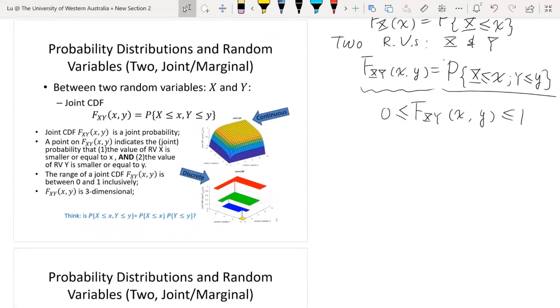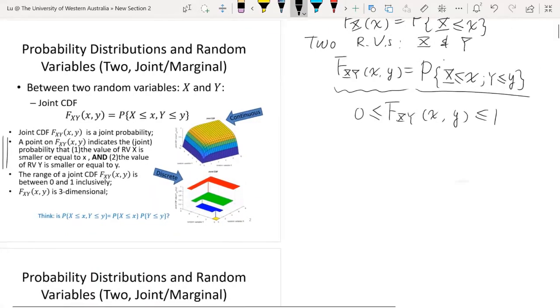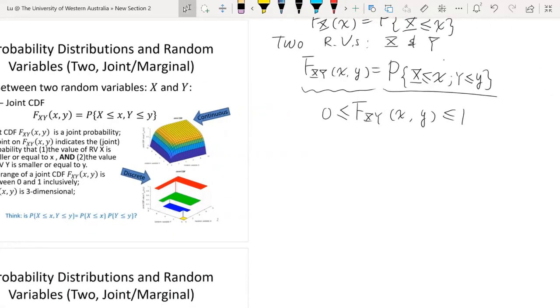Okay, and what is the physical meaning of the joint CDF? From our definition, we can observe this physical meaning directly.